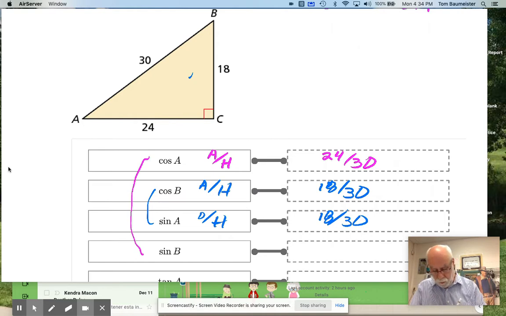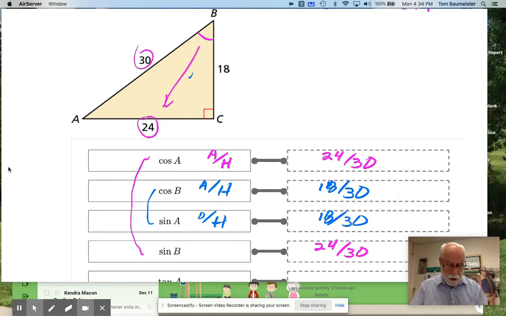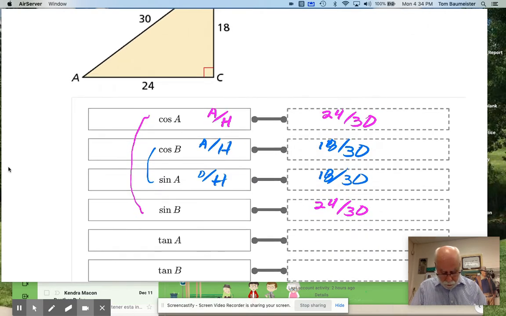So we could just write here 24 over 30. I could have done that on the first one, but you can always check it. Here's our angle B. There's my opposite side, which is 24, and there's my hypotenuse, which is 30. You might want to remember that as a quick way to get it done.